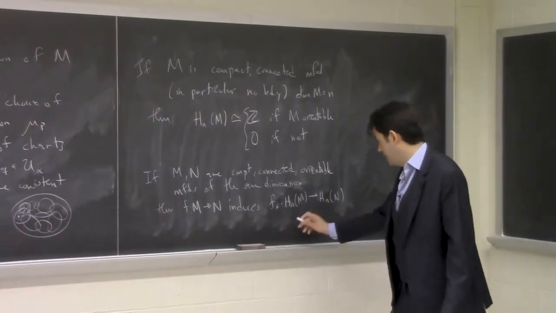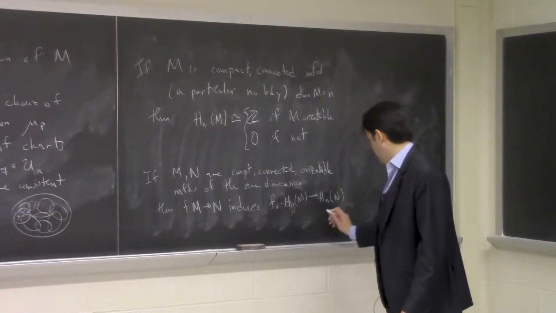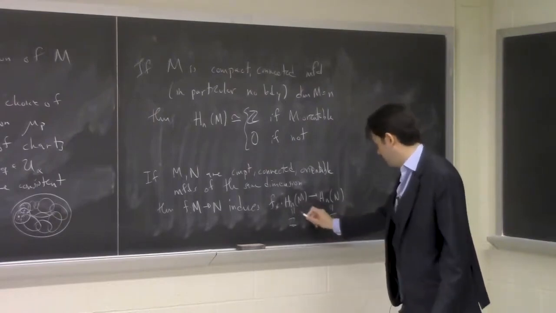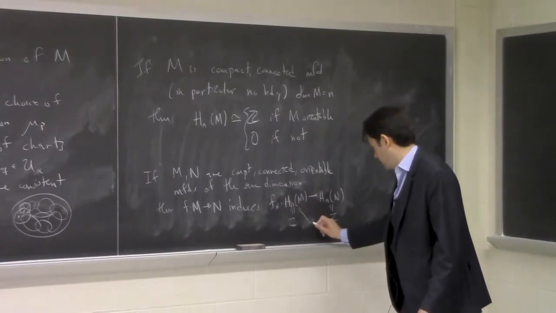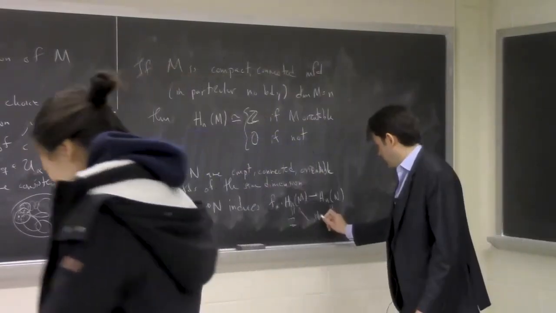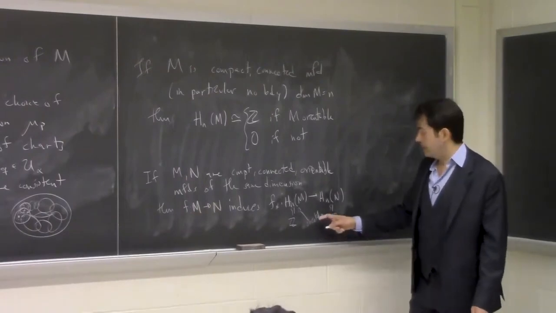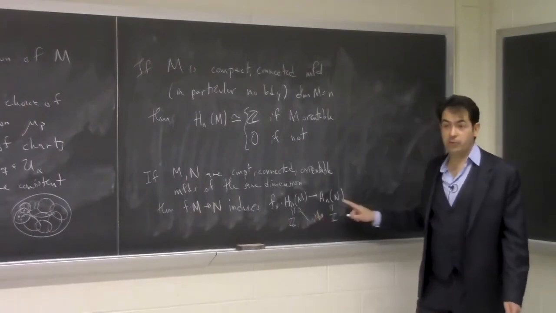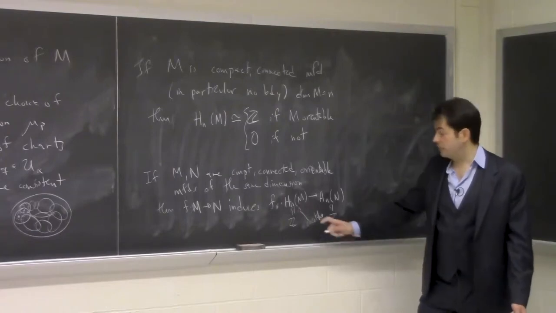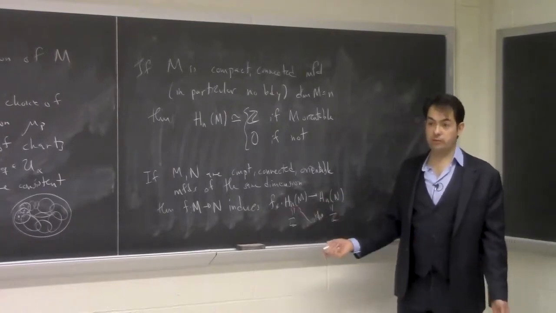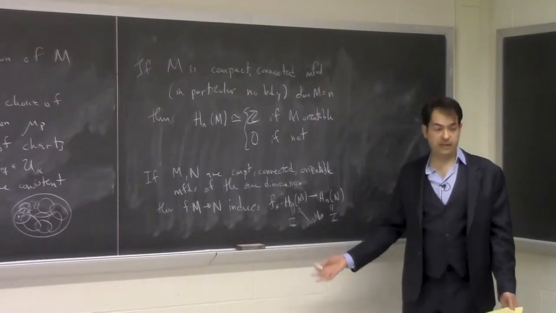So an orientation gives you an isomorphism with Z. If you choose an orientation, then these both become just copies of Z, and so this map is multiplication by an integer, an unambiguously defined integer.